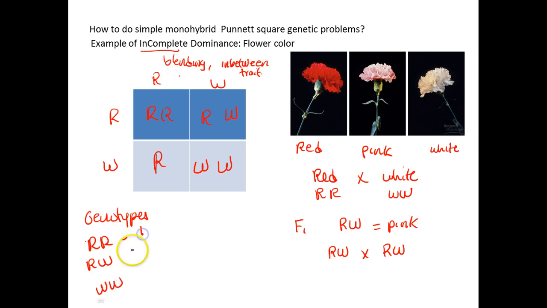So we had one of those. Oops, I forgot to put that there. Two that are heterozygous, 1 homozygous recessive. So you got a 1-to-2-to-1 ratio in genotypes.